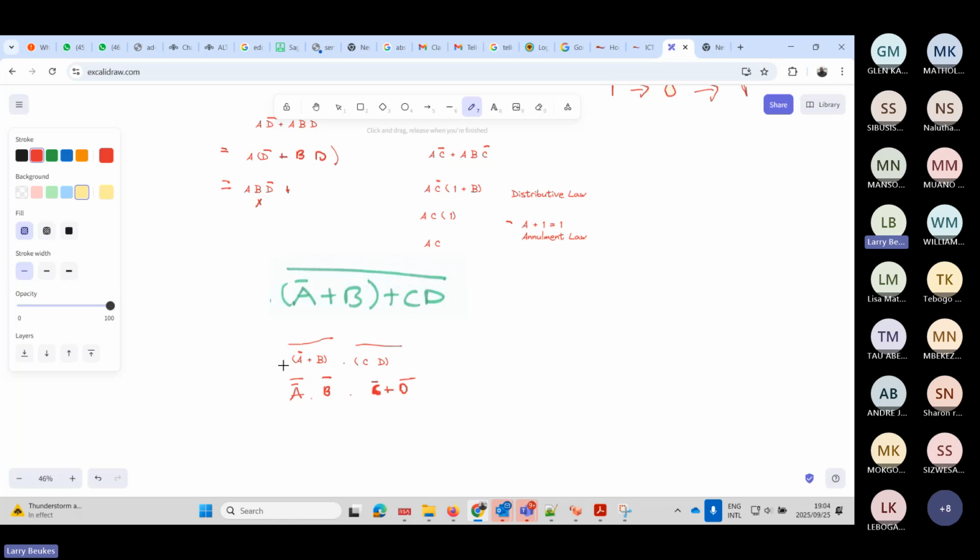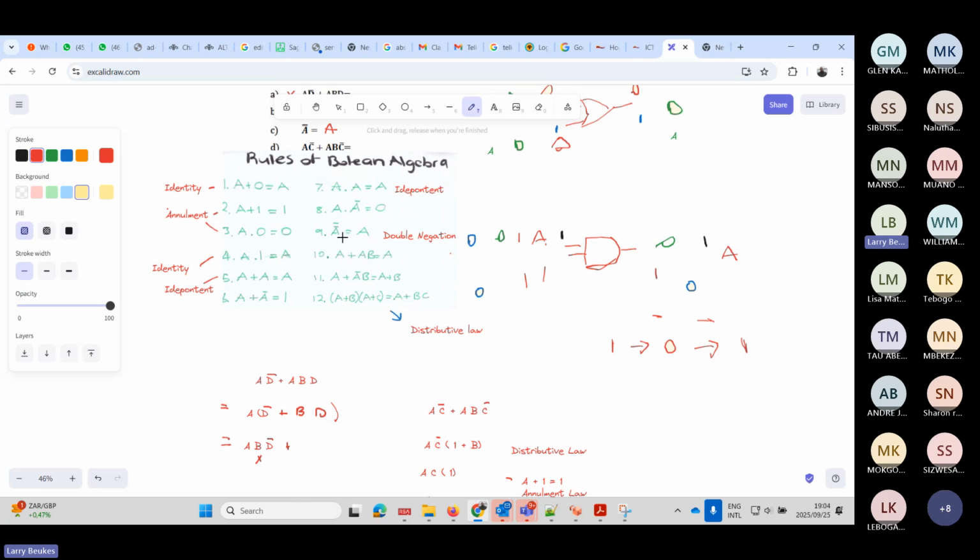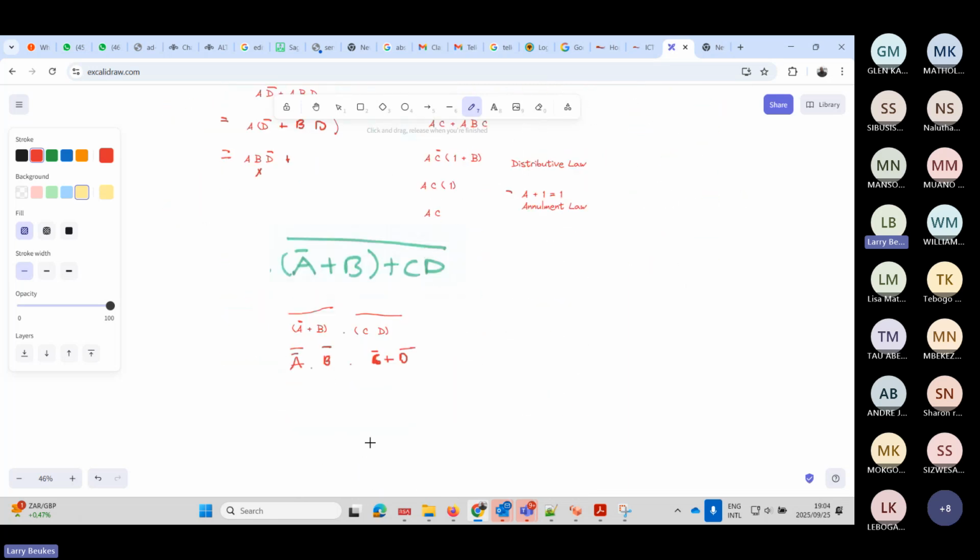Okay, so here we have double negation. You remember double negation? Yeah, so you're going to write it on the side. This is double negation. So you're gonna have A, then you're going to have a B naught, then you're going to have a C, C naught.